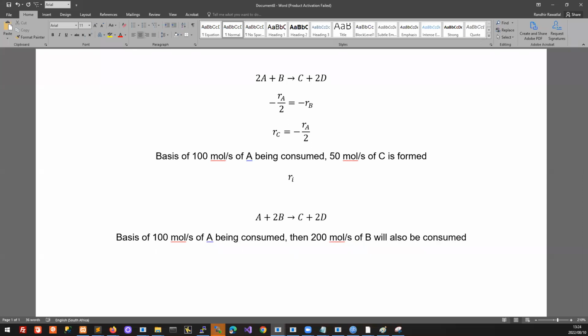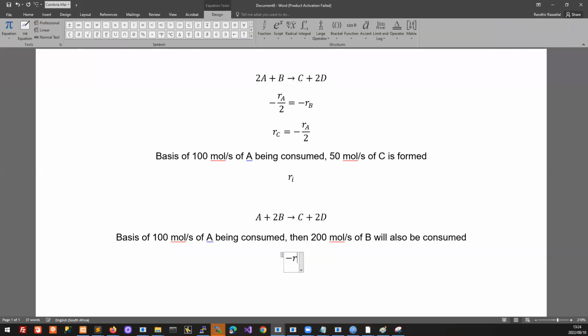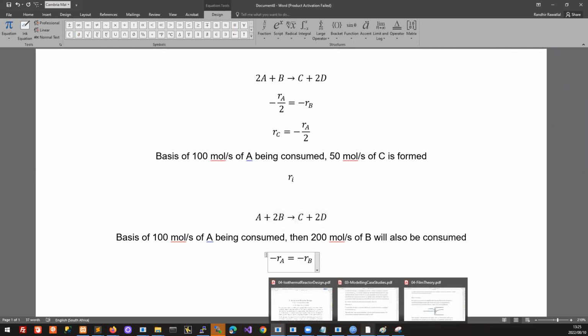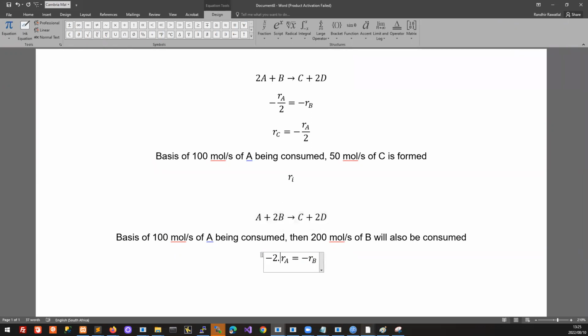And then in this case, you'll say your rate of consumption of A, so minus RA, and then we want to write something times RB. So first off, we know B will be consumed as well, so that's a minus. And then if we look at this, we can see B is consumed twice as fast as A. So in this case, we will say 2 times RA.